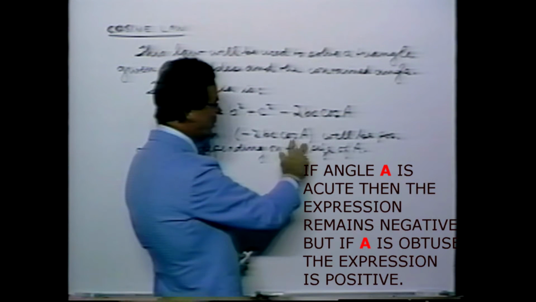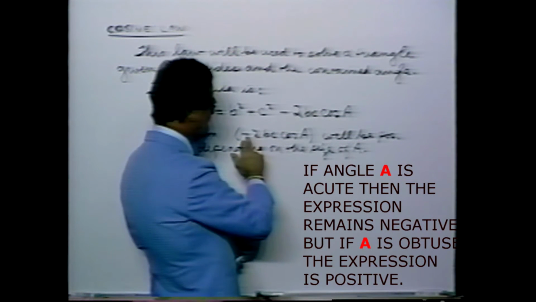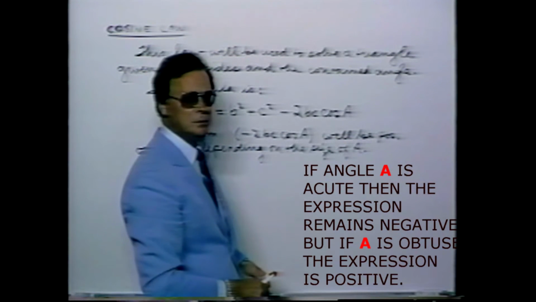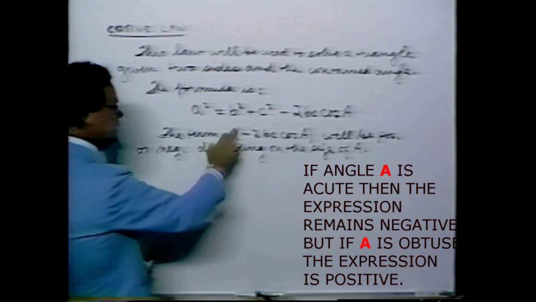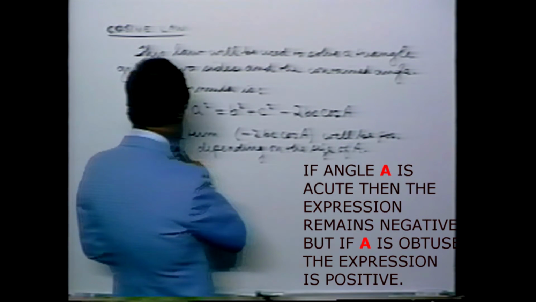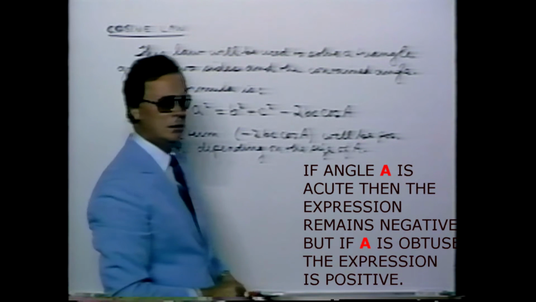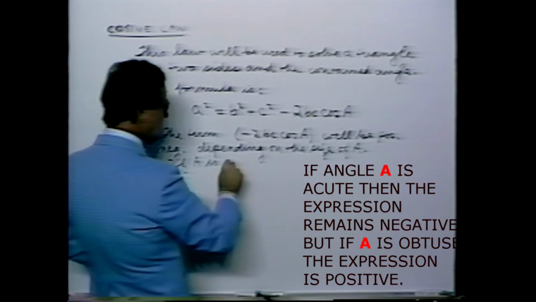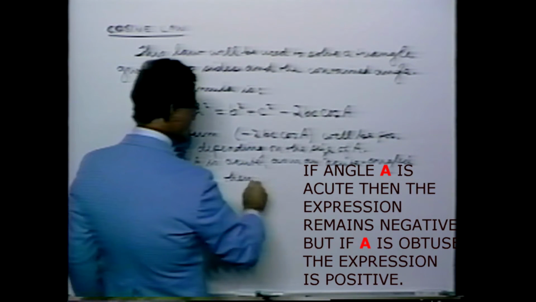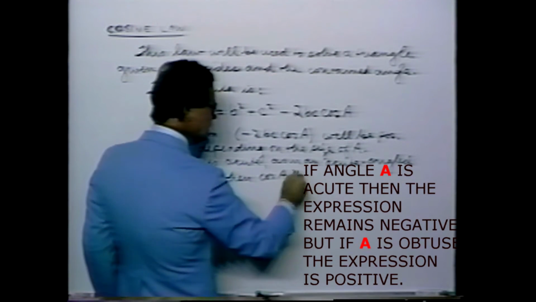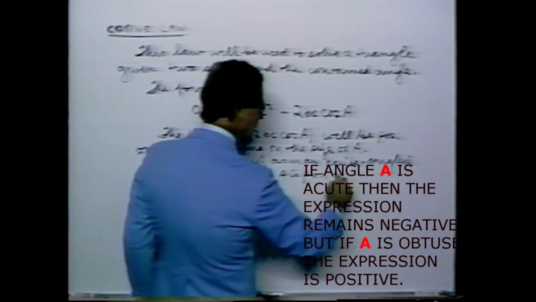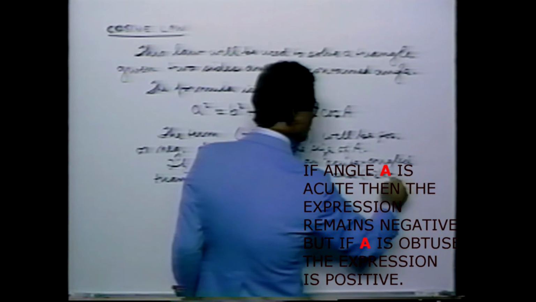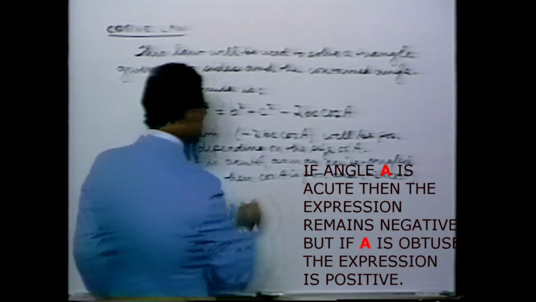And this negative quantity multiplied through here by negative 2 will make the entire amount a positive term. So this entire amount will be positive or negative depending on the size of A. If A is acute, then cos A is positive, and the entire expression, negative 2bc cos A, is negative.